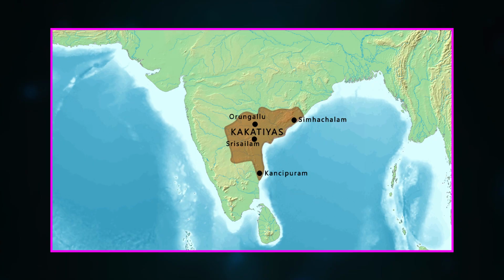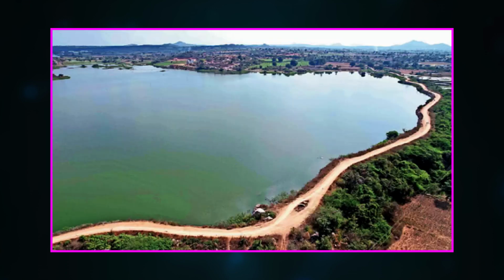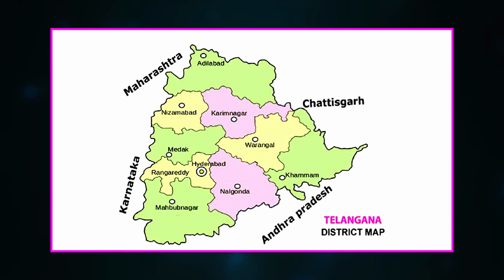In this region, Kakatiyas promoted agriculture through the construction of large tanks and the reclamation of land in the districts of Khammam, Mahbubnagar, Nalgonda, and Warangal.